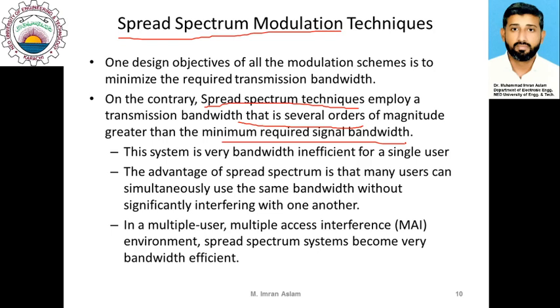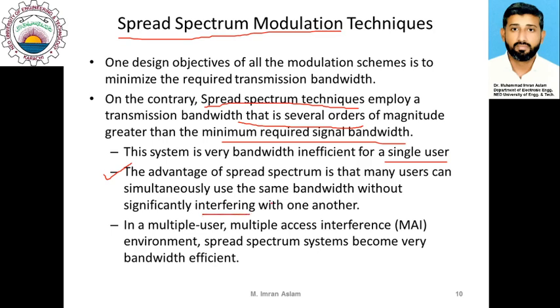If we look at a single user, this system would be very bandwidth inefficient, because we will be using a large amount of bandwidth. But the advantage we get from this spread spectrum technique is that we can accommodate a large number of users within the same band. So that large amount of bandwidth would be shared by many different users without significant interference.